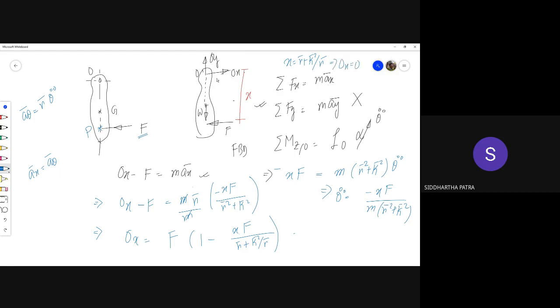So the horizontal reaction becomes 0. Of course, the pendulum will oscillate. The pendulum will have some finite non-zero acceleration. That is true because theta double dot is non-zero.